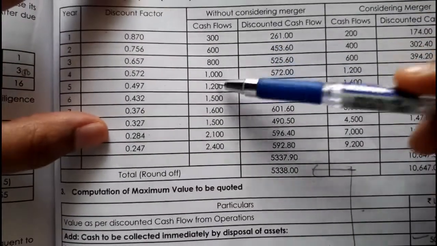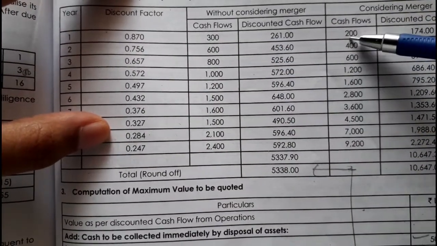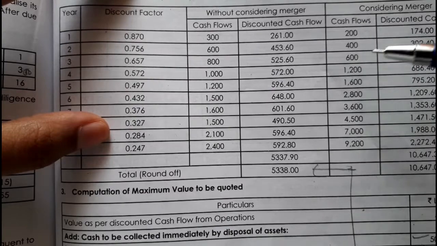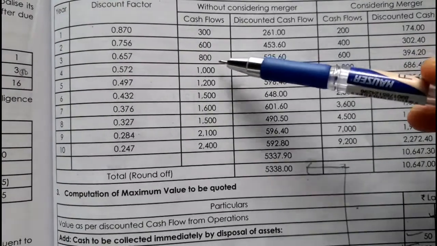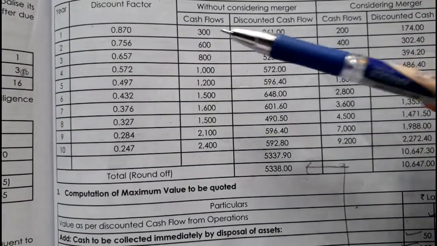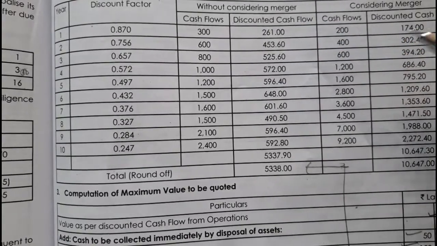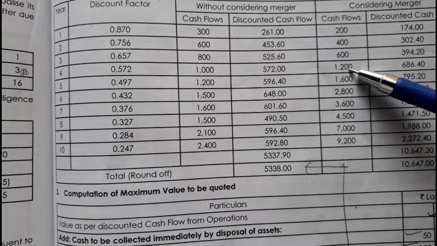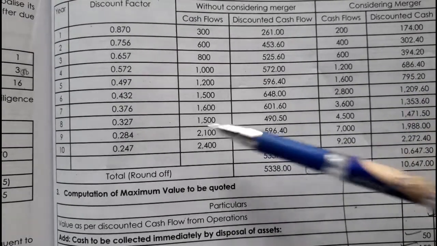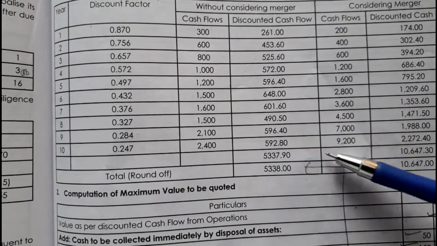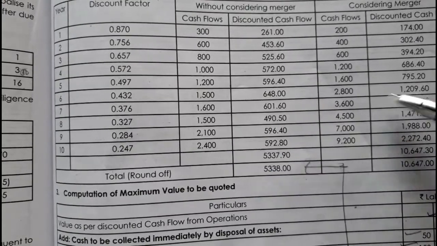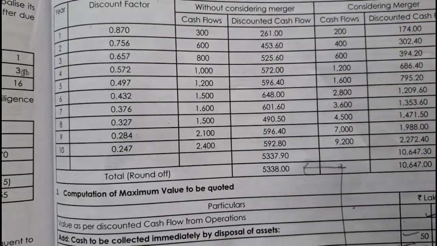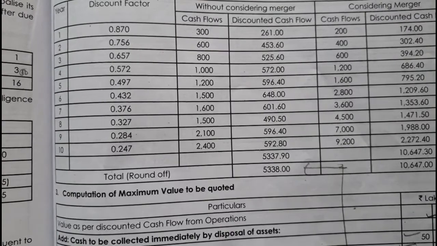So if we see here, after the merger, in the initial years the cash flows are less compared to the pre-merger position, but afterwards from year 4 it increases, and it's even twice and thrice the pre-merger situation.